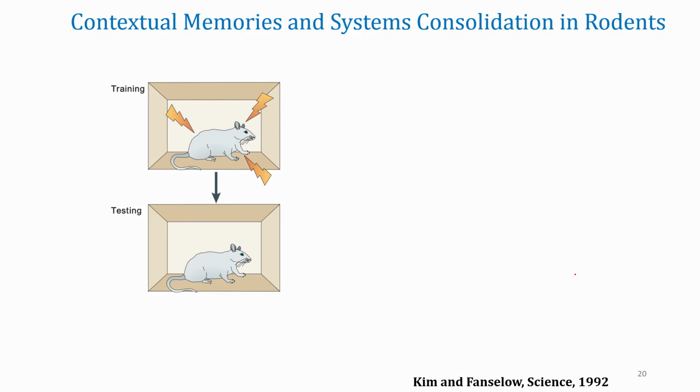We have seen already what we used to call a background, or in this specific case what we can call a context: the setting of this box, the lighting, the various olfactory and light cues, all together form an integral representation of the context here, which is the CS.